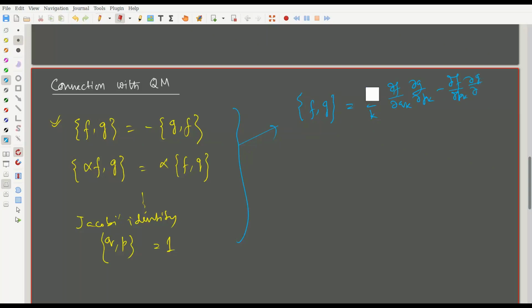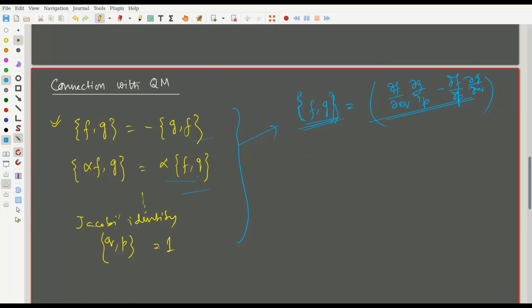Let me put one variable: del F del Q del G del P minus del F del P del G del Q. If I define the bracket like this, then I know this happens. But now I start to wonder, is this the only way? Do I have to assume that this bracket should always mean this to satisfy these things?